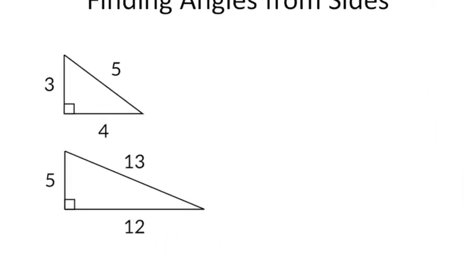Now another example, we can also find angles from the sides. We have 3, 4, 5 for this triangle, that's for the sides. So you want to find out what this angle is. Sine of this angle equals 3 over 5 equals 0.6.